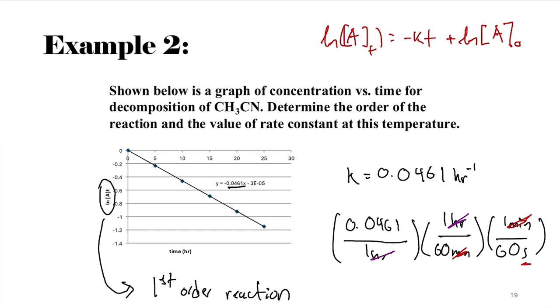So this whole slope right here, this minus 0.0461, is equal to minus k, because that's just what's in front there. When you do that, those two negative signs are going to cancel out. All right, so we're saying minus k is equal to minus 0.0461. Negative sign on each side just cancels out. Good question.